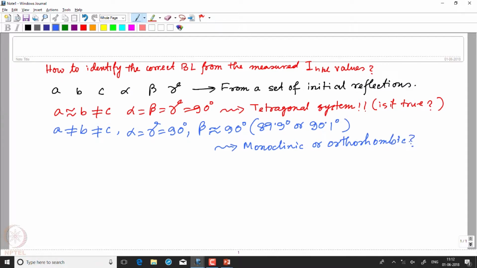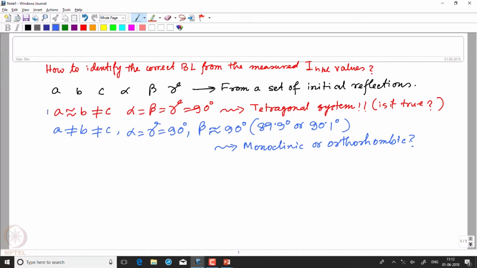This confusion cannot be solved at the beginning when we are trying to determine the unit cell, because we do not have enough reflections to talk about, and we have not reduced the data to get the relative intensities of all HKL values that are going to be recorded during the data collection.